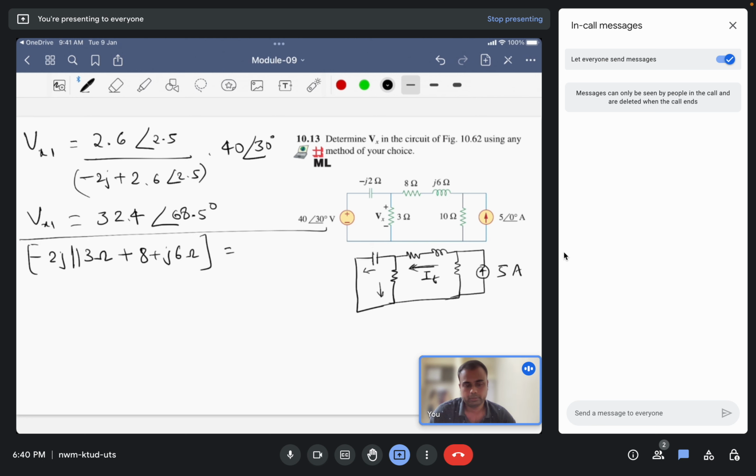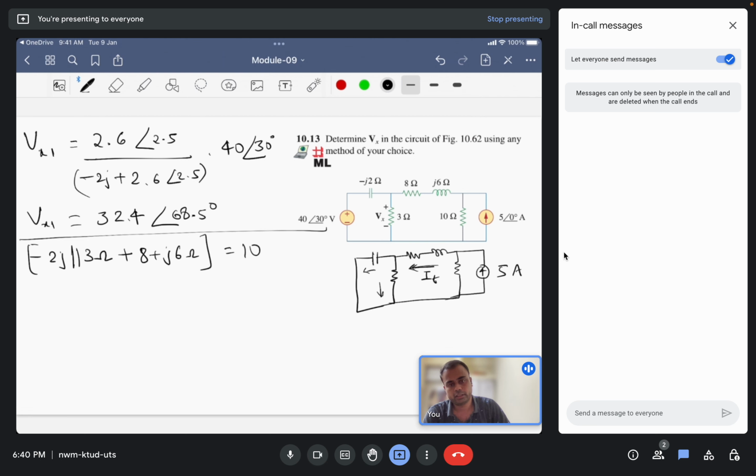So this term will be minus 2j plus 8 plus 6j.